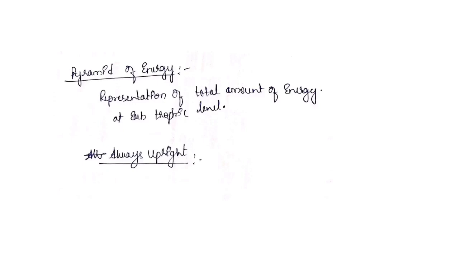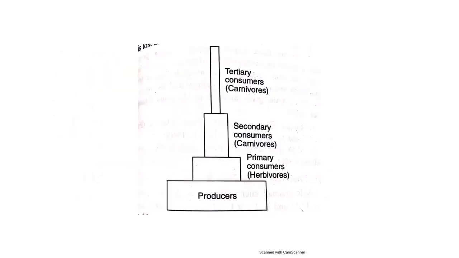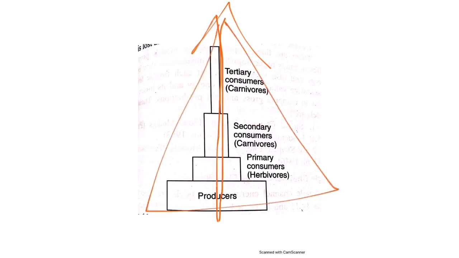Representation of the total amount of energy at each trophic level is known as the pyramid of energy. So the pyramid of energy is always upright. Why? Because the amount of energy keeps on decreasing as we move from one trophic level to another trophic level. So the pyramid of energy is always upright.